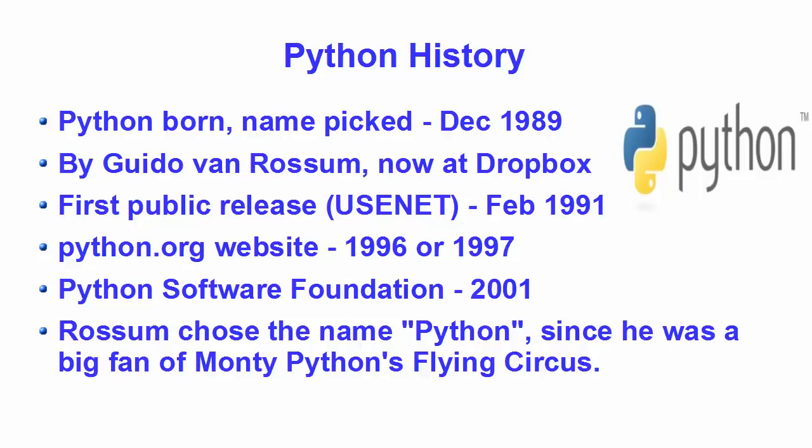His continuing central role in Python development is reflected in the title given to him by the Python community, which is Benevolent Dictator for Life. What is a Benevolent Dictator for Life? This is a title given to a small number of open source software development leaders, typically the project founders, who retain the final say in disputes or arguments within the community.